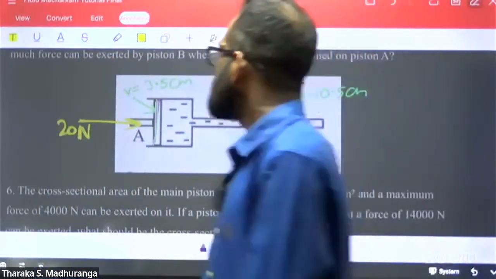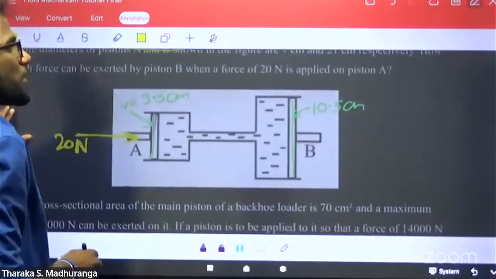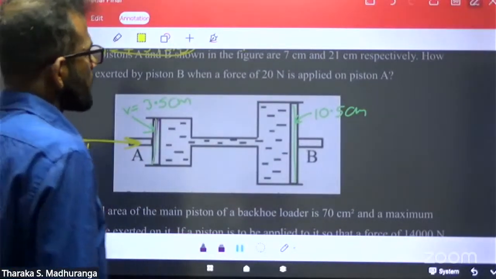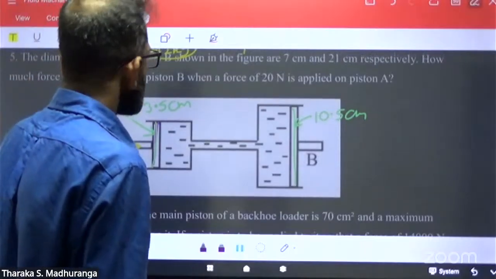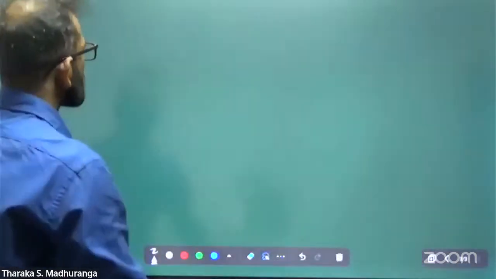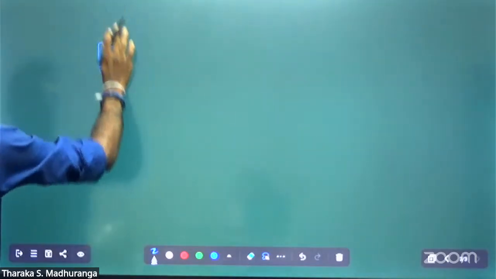That's the application of Pascal's theorem. Now, according to Pascal's theorem, we got a simple equation. Do you remember? What is the simple equation? Okay, you don't need to remember.